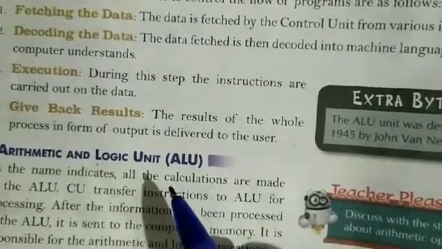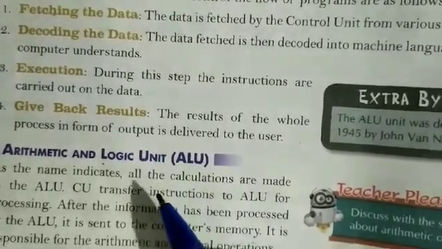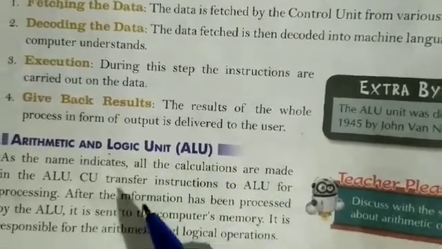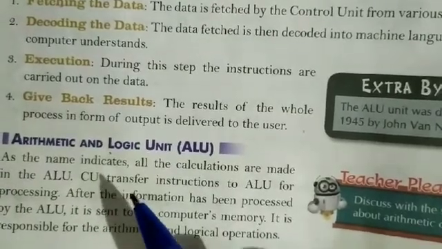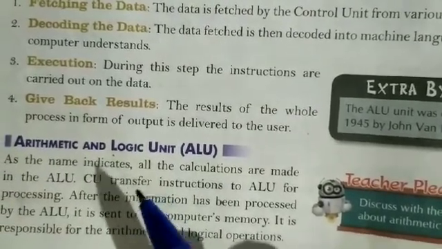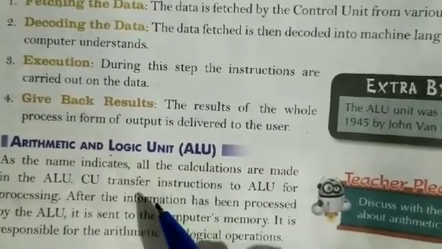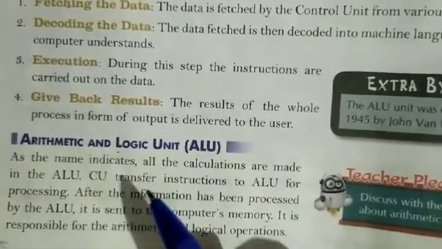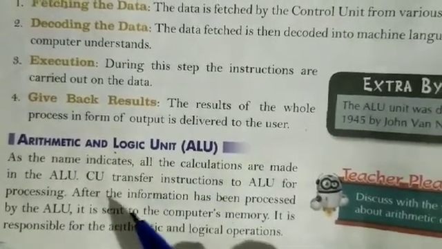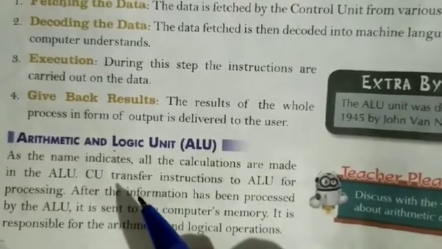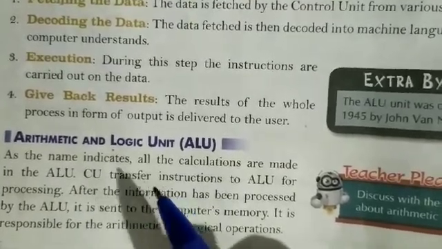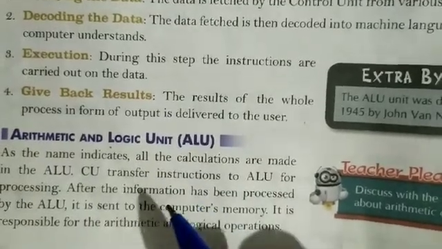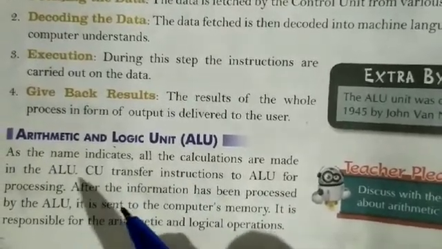ALU, short form of arithmetic and logic unit, is an integrated circuit within a CPU that performs arithmetic and logic operations. Arithmetic instructions mean it performs addition, subtraction, multiplication, division, and logic instructions include comparison, where there is a comparison between two things and the result is in the form of yes or no, and AND, OR, where you get the result in the form of yes or no. That is called comparison or logical operations.